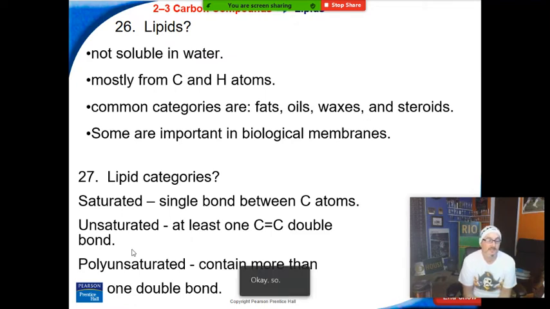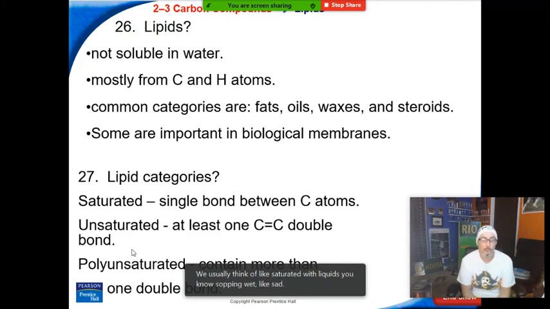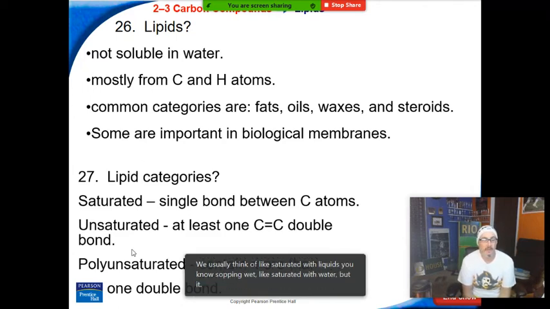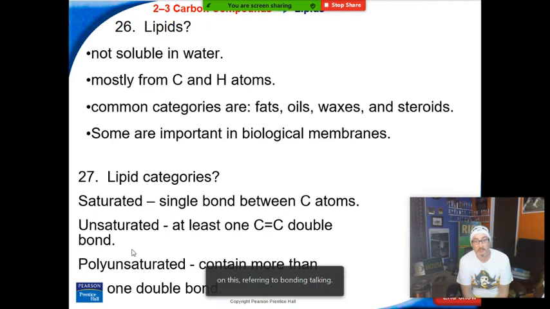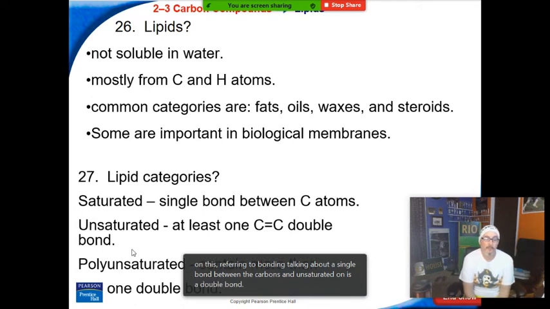So remember, saturated or unsaturated. We usually think of saturated with liquids, sopping wet, like saturated with water. But it's talking about the saturation of hydrogen atoms. So saturated means that there are a lot of hydrogen atoms, and it's referring to bonding, talking about a single bond between the carbons, and unsaturated is a double bond.